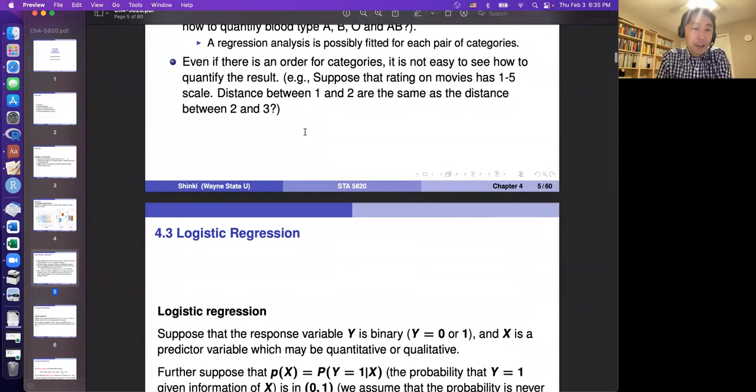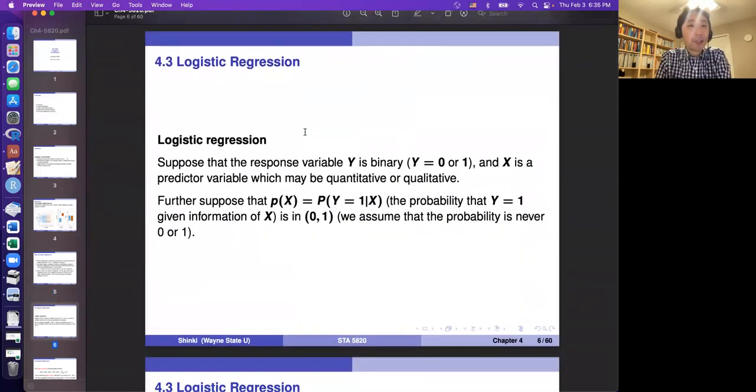Okay, so now we go on to logistic regression first. This is only for binary classification. Suppose that Y is binary and X is a predictor variable, which is either quantitative or qualitative.